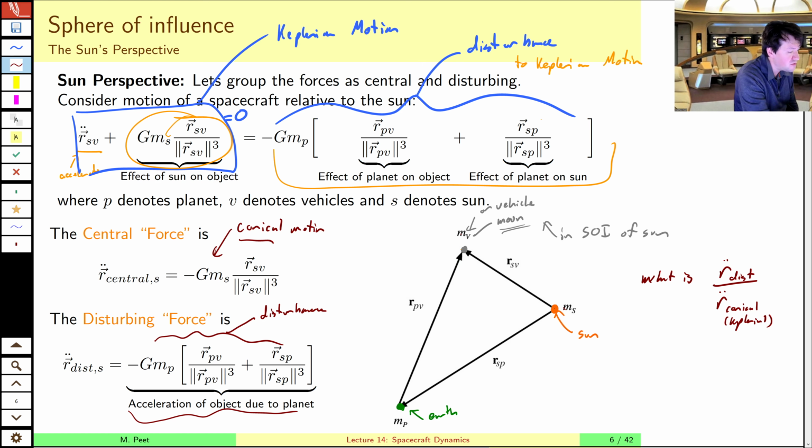All right, so what are these terms? That's the effect of the sun on the object. This is what you expect to see. This is the effect of the planet, so the acceleration of the vehicle due to the planet. So this term gets drawn down to there.